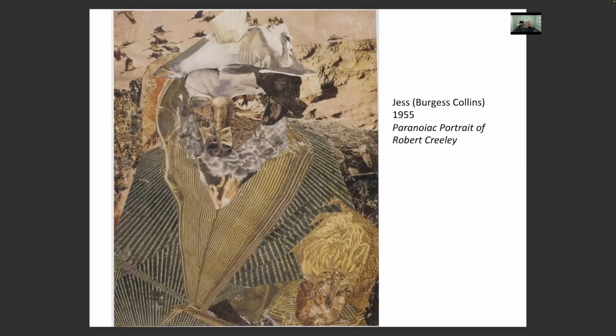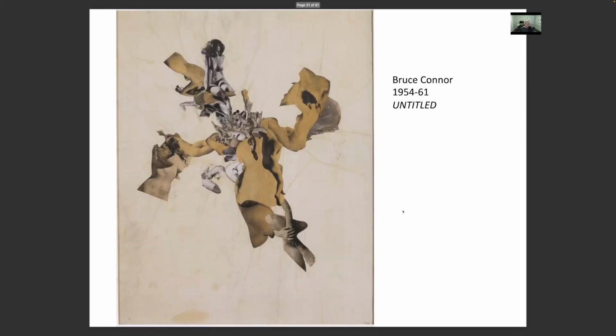But if you look for a while, you can sort of make out here are the eyes. This is the nose. This cloud area is like a beard. So it's really interesting to think about how this portrait of Robert Creeley was formed and how confusing it is. And it sort of mimics his writing style. This is Bruce Conner.